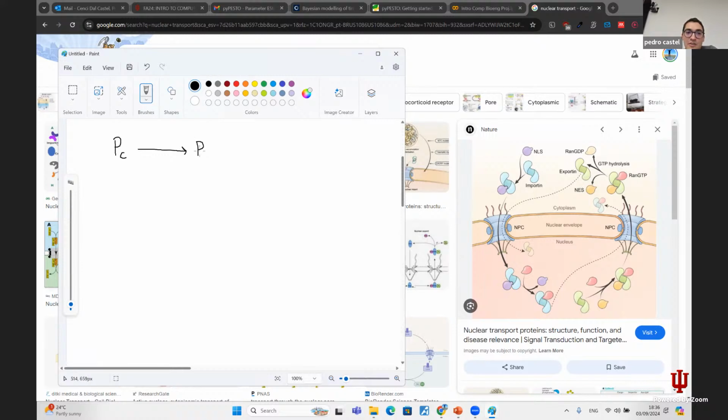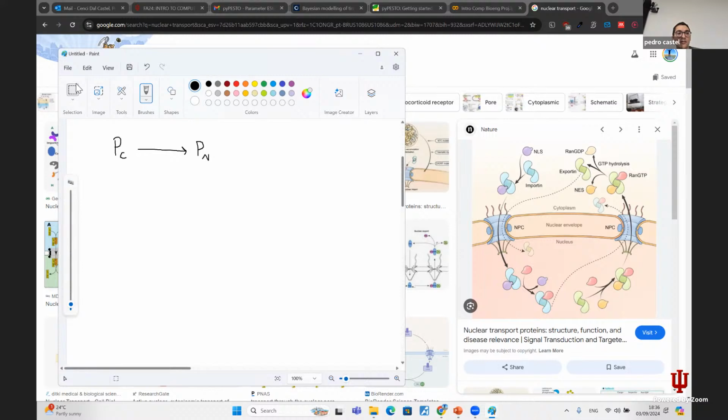So I have another node that is the same protein in the nucleus. I have index C for this protein in the cytoplasm, and index N for the protein in the nucleus. So the index means the compartment of the cell where the protein is, but it doesn't mean that the protein is any different.